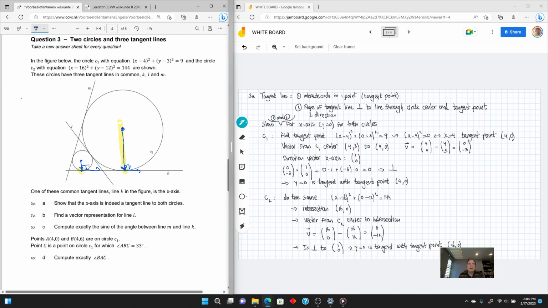So what is this tangent point here? Let's first calculate these two, and that we just do by substituting y is 0 into the circle. It's basically finding the intersection of this line with the circle.